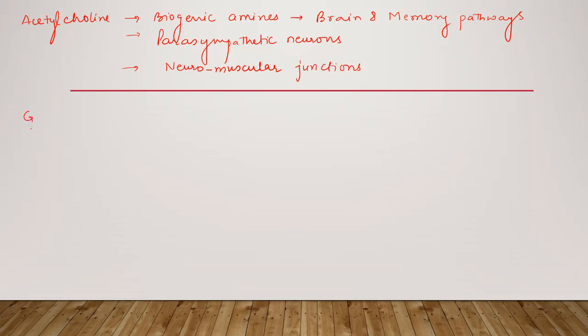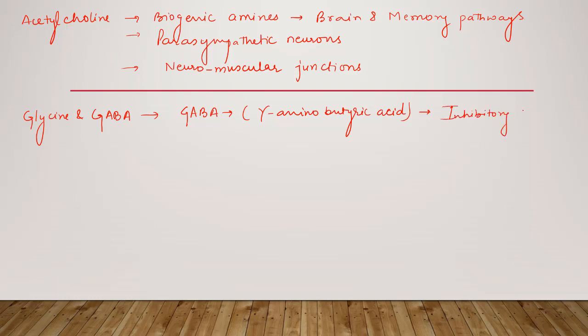The neurotransmitters having glycine as an amino acid, or glycine and GABA, act as neurotransmitters. GABA, gamma aminobutyric acid, is an inhibitory neurotransmitter on the brain.